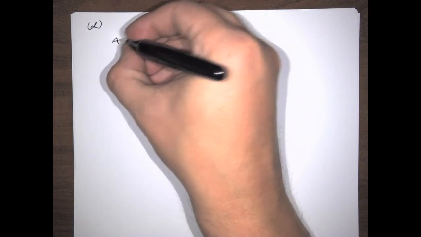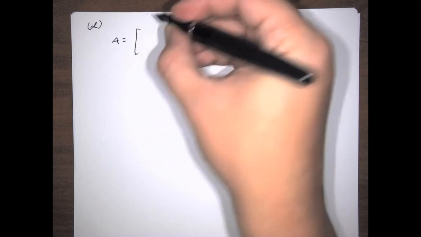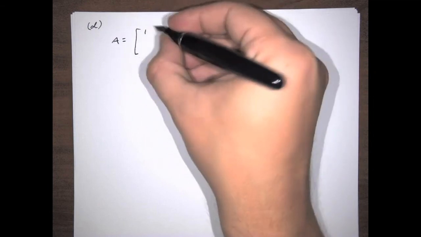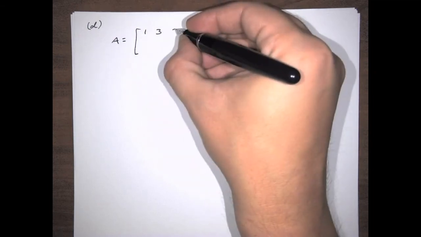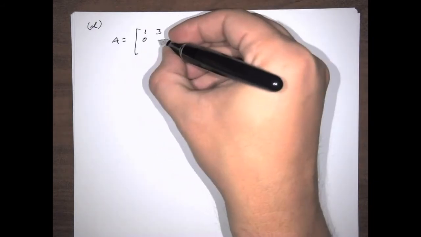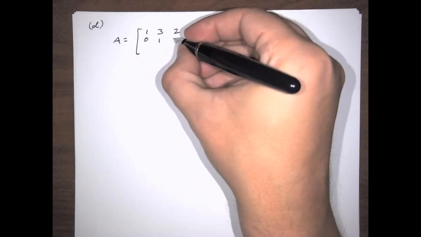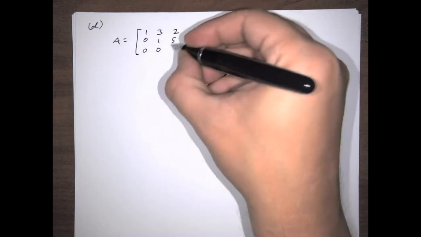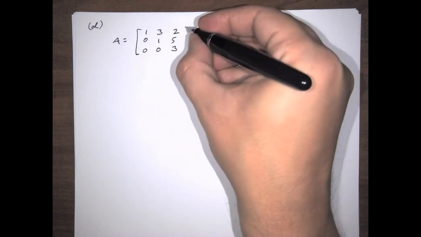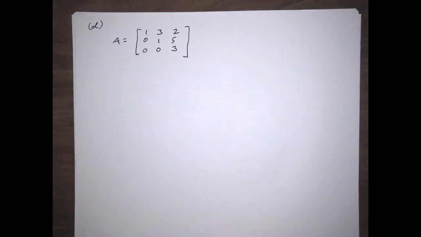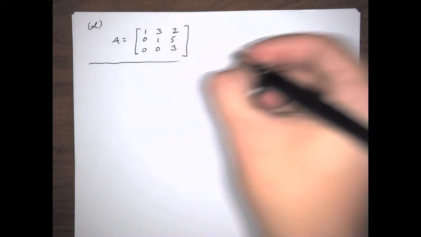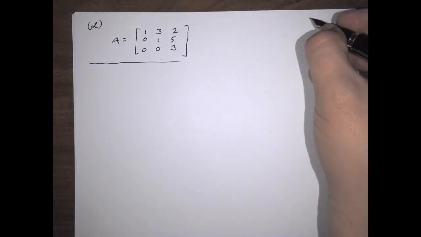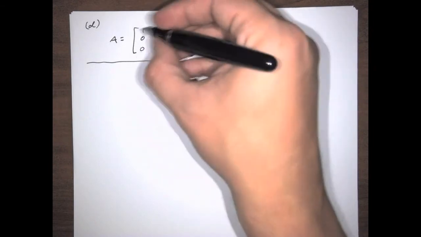Okay, so let's say A is equal to 1, 3, 2, 0, 1, 5, and then we have 0, 0, 3. Now because it is triangular, we actually already know the eigenvalues, but let's see how that would actually play out in a cofactor expansion.